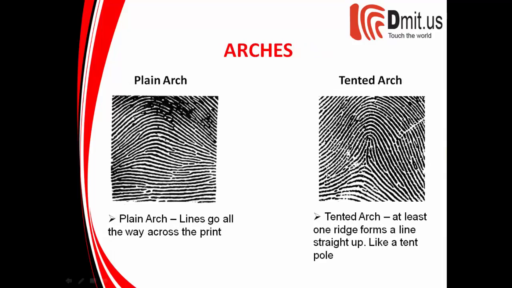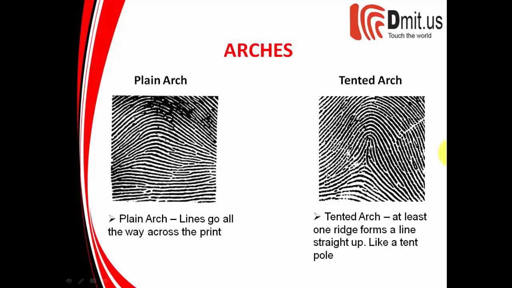All right. The next type of the fingerprint patterns that we talked about was the arches. And so there's what's called a plain arch and a tented arch. Now when you think of a tent, hopefully you think of those tent poles that hold it up. So I want you to think of those traditional style tents. And originally, there was a main center pole.